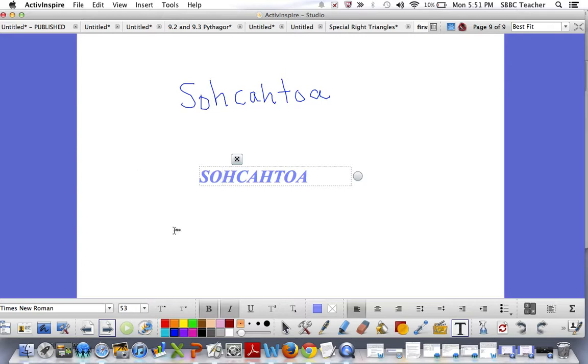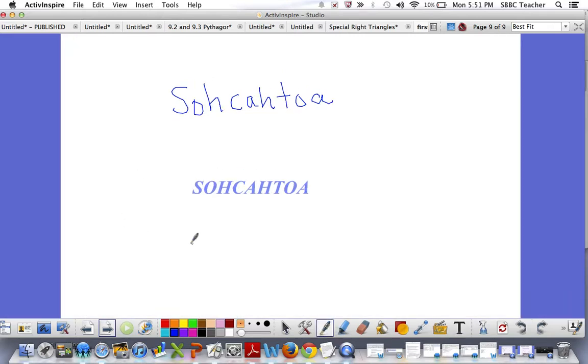So the sine of any angle is always equal to opposite over hypotenuse. That's why we have OH, opposite over hypotenuse.